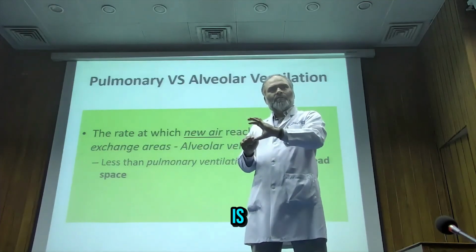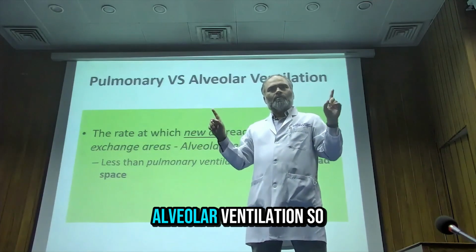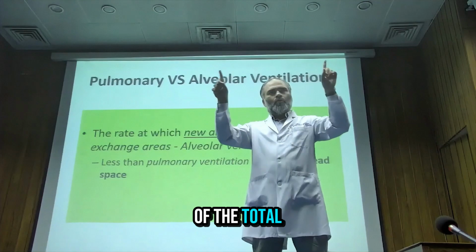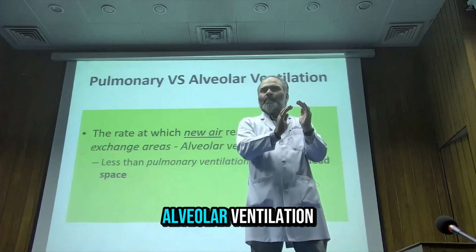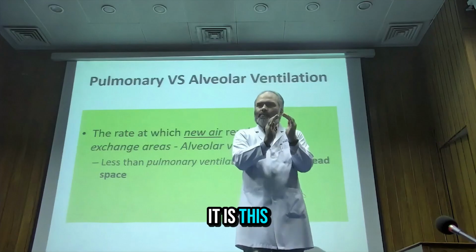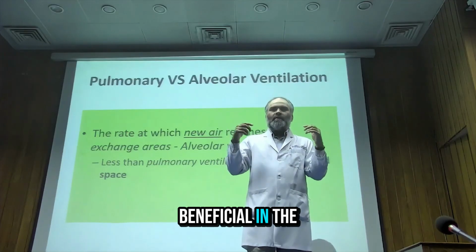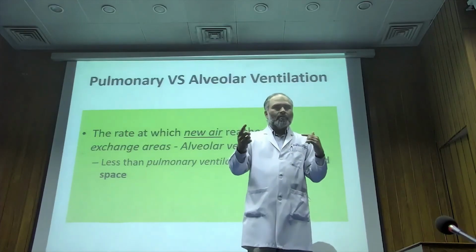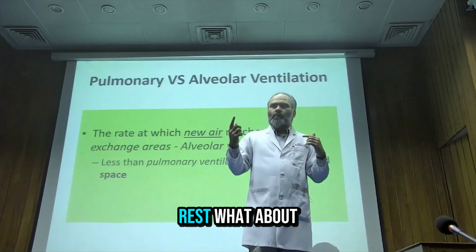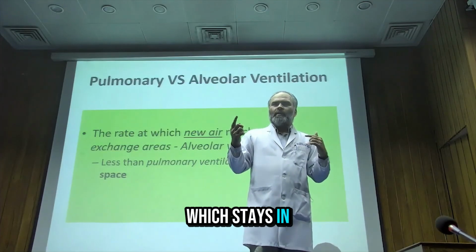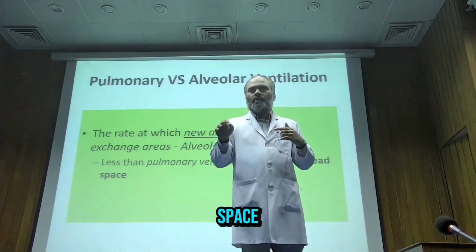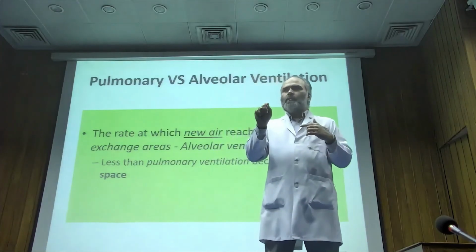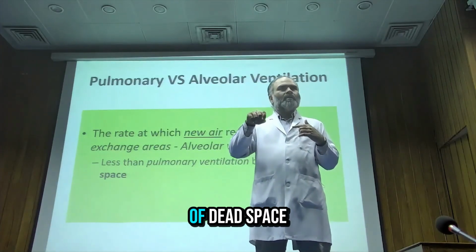That ventilation is alveolar ventilation. So of the total pulmonary ventilation, a part is alveolar ventilation. It is this part that is beneficial in the sense of gas exchange. What about the rest? What about the part which stays in the conducting zone? That is referred to as dead space. So now we are slowly introducing the concept of dead space.